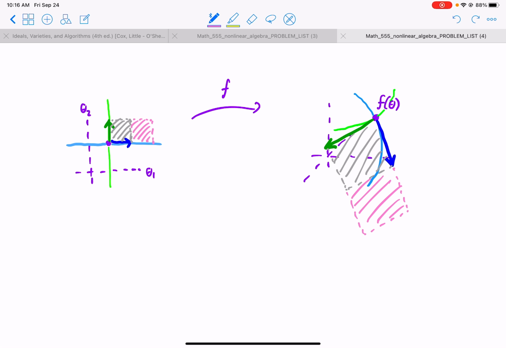Now, let me just pause for a moment. We're supposed to be doing algebraic geometry. Well, the most interesting parts of algebraic geometry are its singularities. How do you find them? Singularities are where this stops working. That's why we're interested in this for this class.